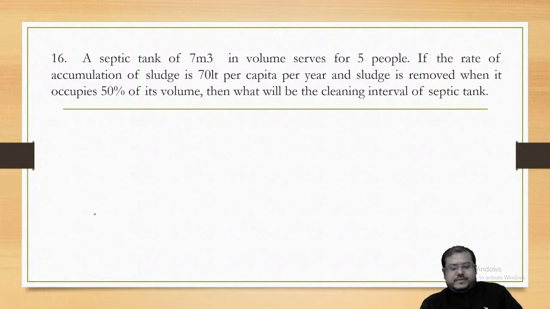A septic tank of 7 meter cube in volume serves for 5 people. The rate of accumulation of sludge is 70 liter per capita per year, and sludge is removed when it occupies 50% of its volume. Then, what will be the cleaning interval of septic tank?